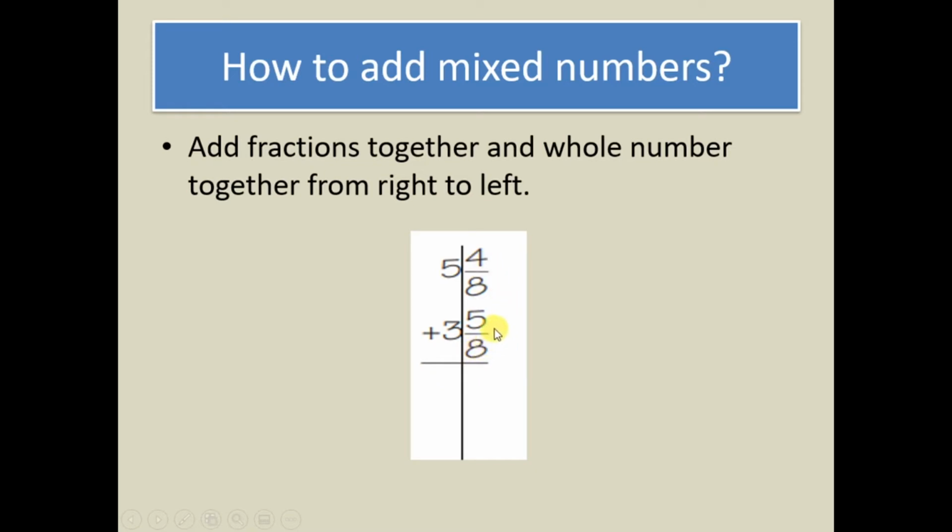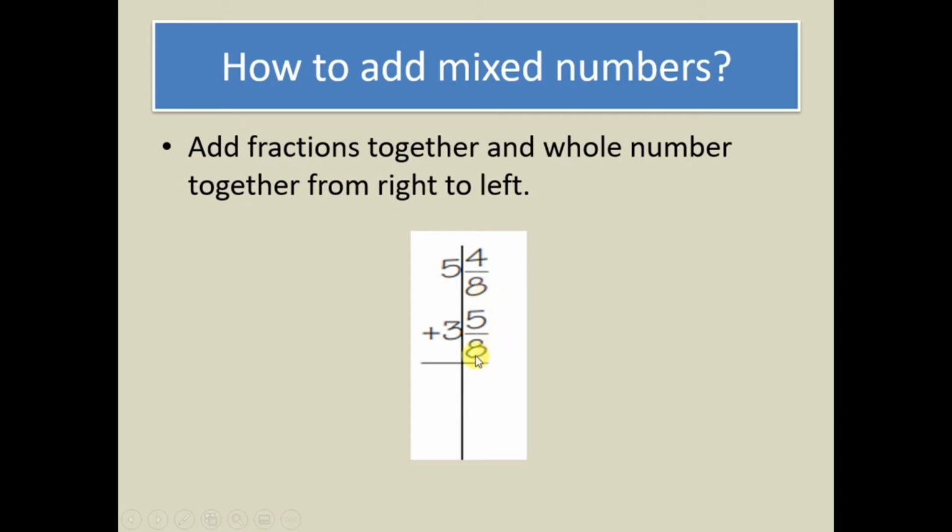And we have a very important condition to add fractions, which is to have the same denominator. So look here, do you have the same denominator? Yes, this means I can apply the adding fraction rule, which says add numerators together and keep the same denominator.